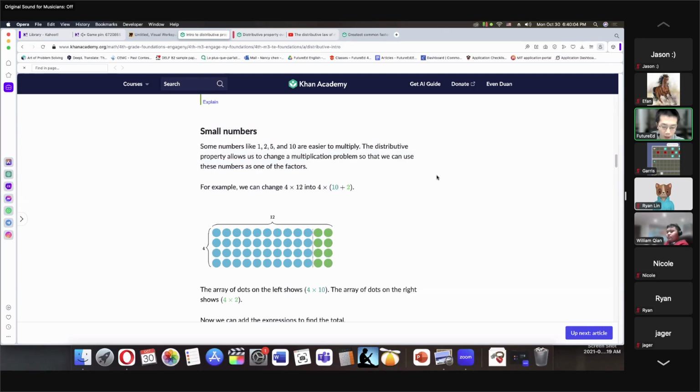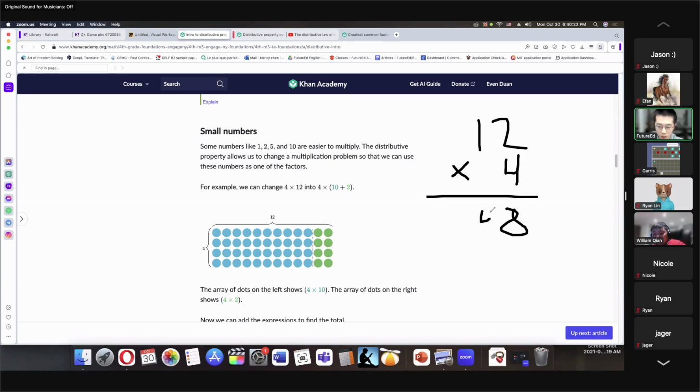And while we're at it, I actually want to introduce a math solving technique that most people probably ignore. When I give you a problem like 12 times 4, for example, most people are going to go like, okay, so 2 times 4 is 8 and 1 times 4 is 4. So 48. This is a perfectly valid way to do it.